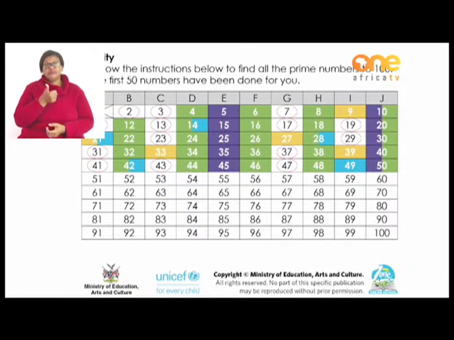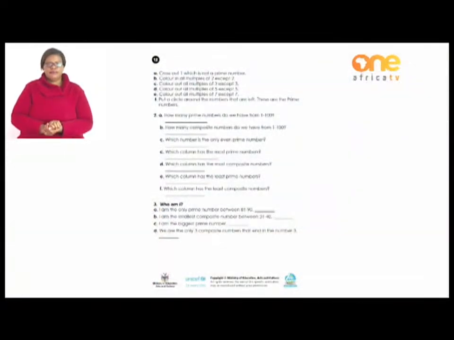So all those numbers fall under the column of D. Okay, let's proceed. Now that you understand what a column is, let's look at 2D. Which column has the most composite numbers? Right, discover that. And then we have E. Which column has the least prime numbers? And then lastly, which column has the least composite numbers?